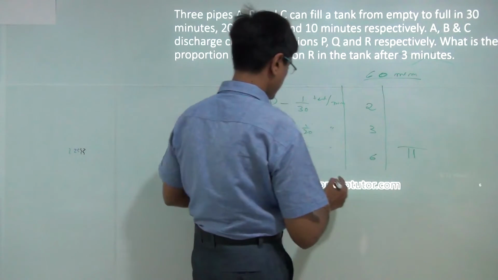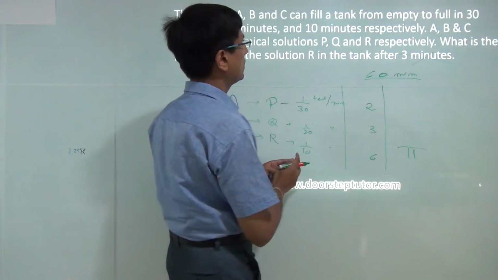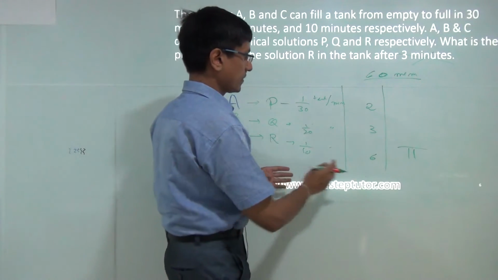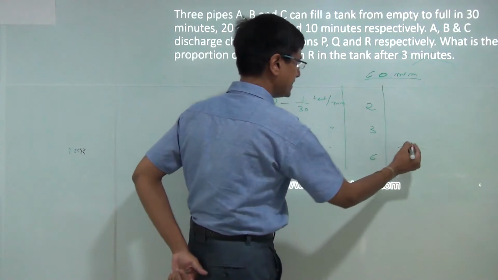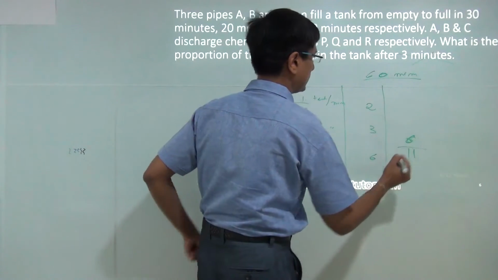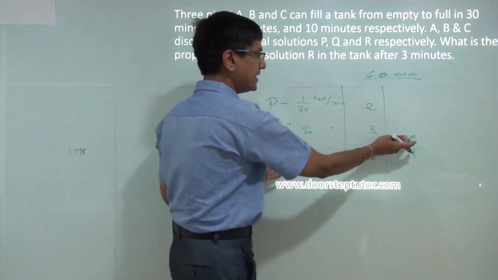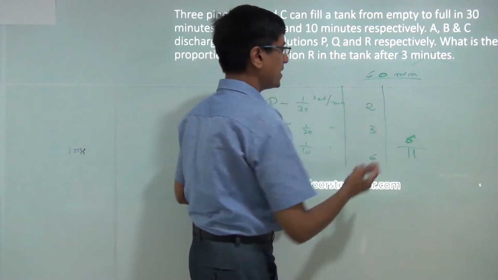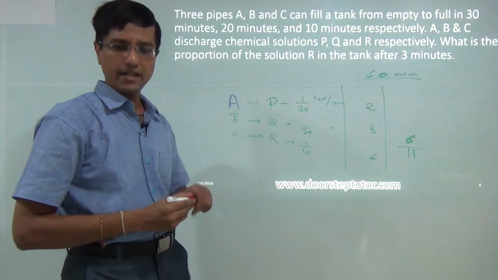Out of these 11 tanks, the amount of R is 6. So what is the proportion of R? 6 by 11. Very simple.